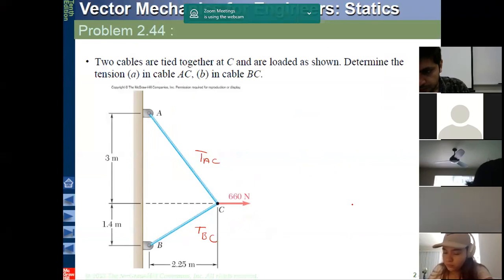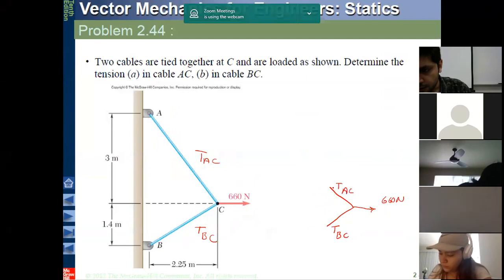So we are going to see the forces acting on point C. And then we have two cable forces. So the directions are along the cables, the direction of the forces.